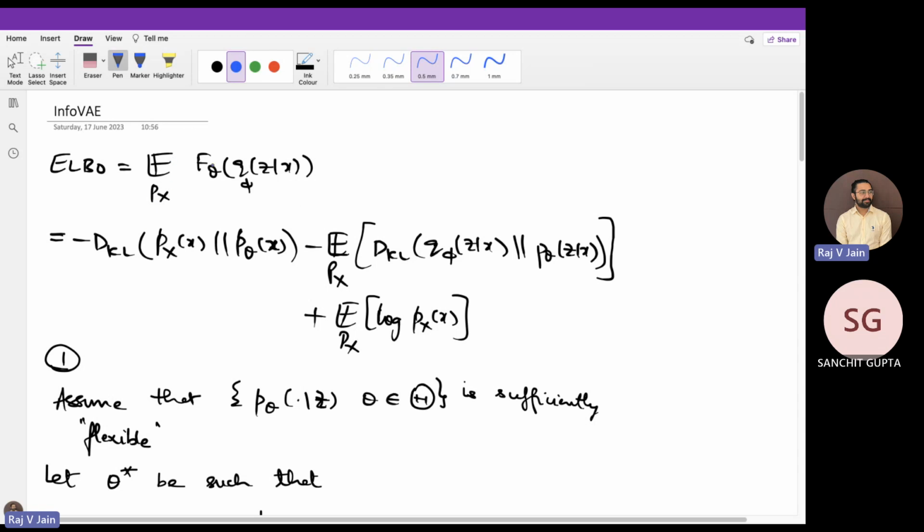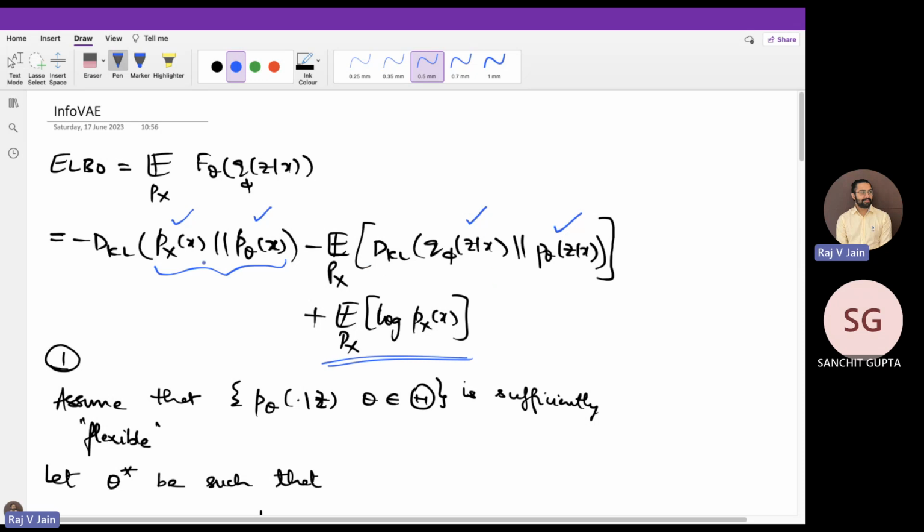If you put all those terms here and rearrange some terms, you get a KL between the model probabilities and your actual probabilities, then the model approximate posterior and the model posterior, and some entropy term of your actual data, which doesn't depend on any parameters, neither theta nor phi.